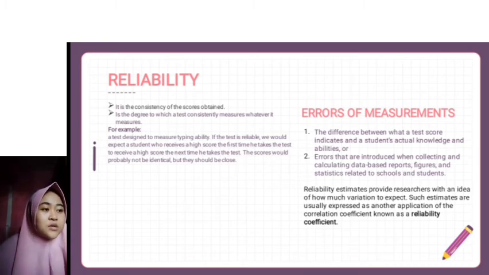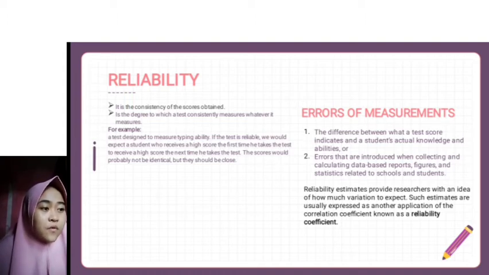Because errors of measurement are always present to some degree, researchers expect some variation in test scores or in answers or ratings, for example, when an instrument is administered to the same group more than once, when two different forms of an instrument are used, or even from one part of an instrument to another.